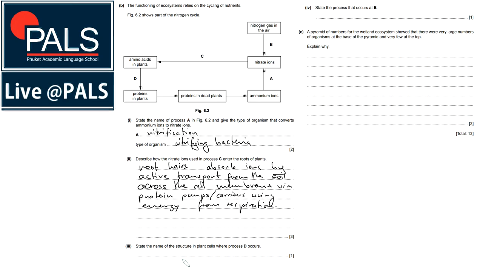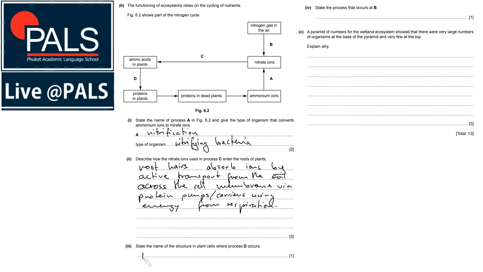State the name of the structure in plant cells where process D occurs. Amino acids are changed to proteins. So which cell structure builds proteins from amino acids?